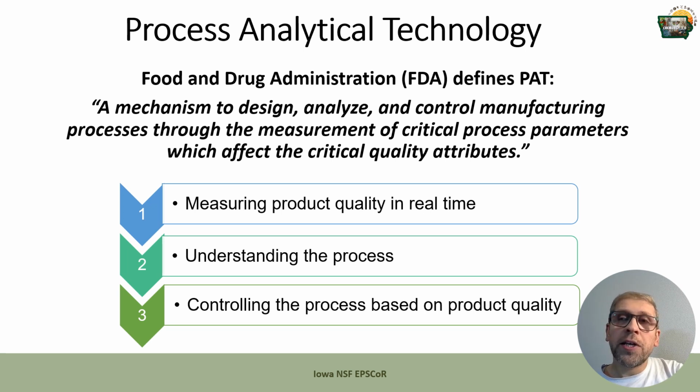And finally, we should try to control the process based on the product quality. So PAT not only tries to control our product quality based on our process, but also it tries to predict the product quality based on some parameters in the process.